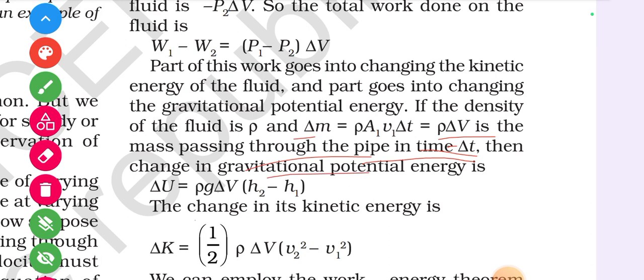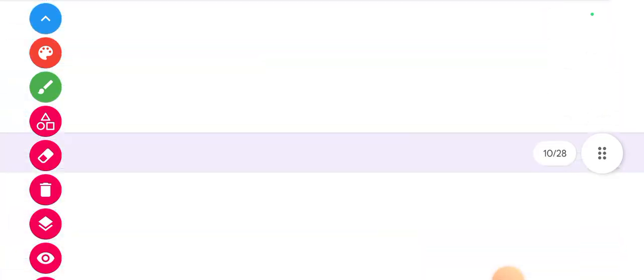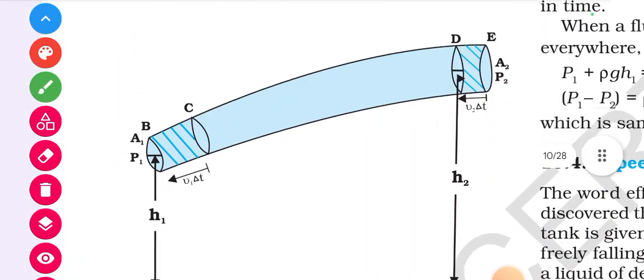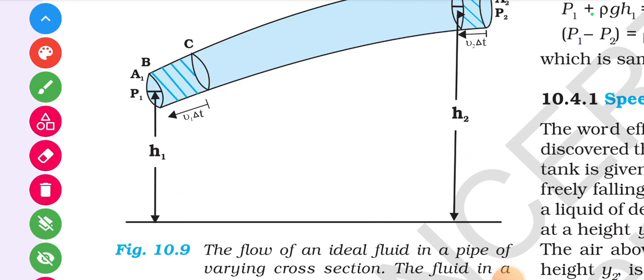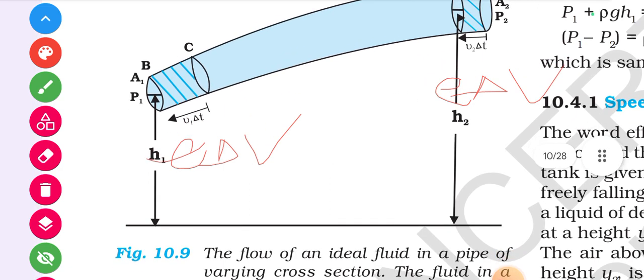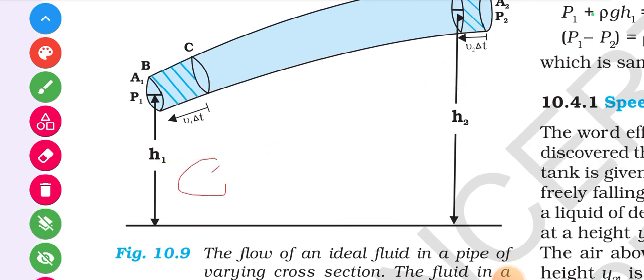Then the change in gravitational potential energy is this, the potential energy here and here. The density is the same, the volume is the same, but the difference is in how we have written the volume: here it was a1 v1 delta t, and here it was a2 v2 delta t.